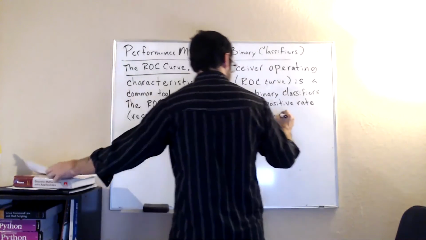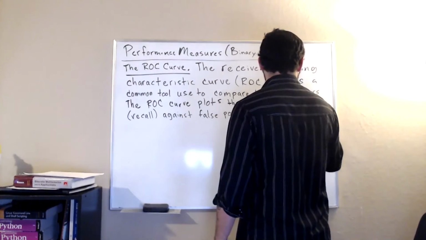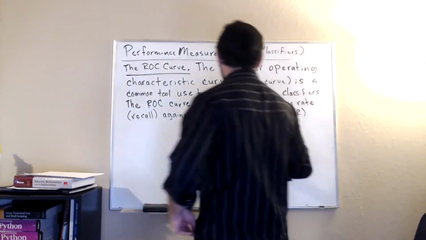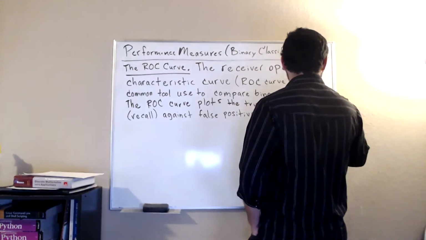Okay. So the false positive rate is FPR, true positive rate, TPR.